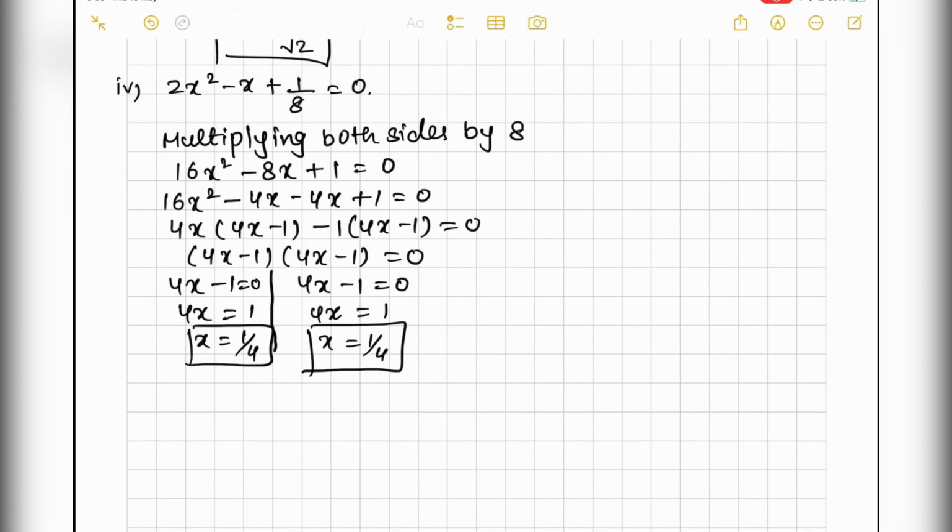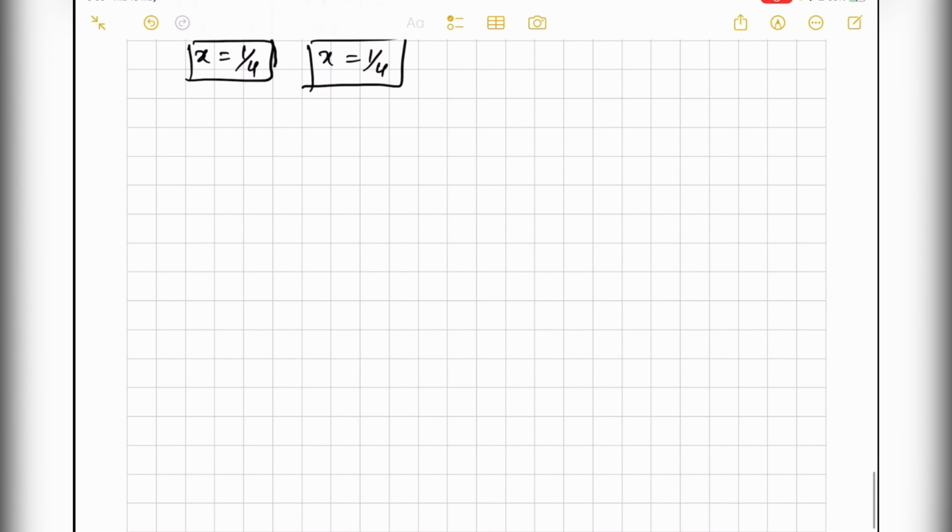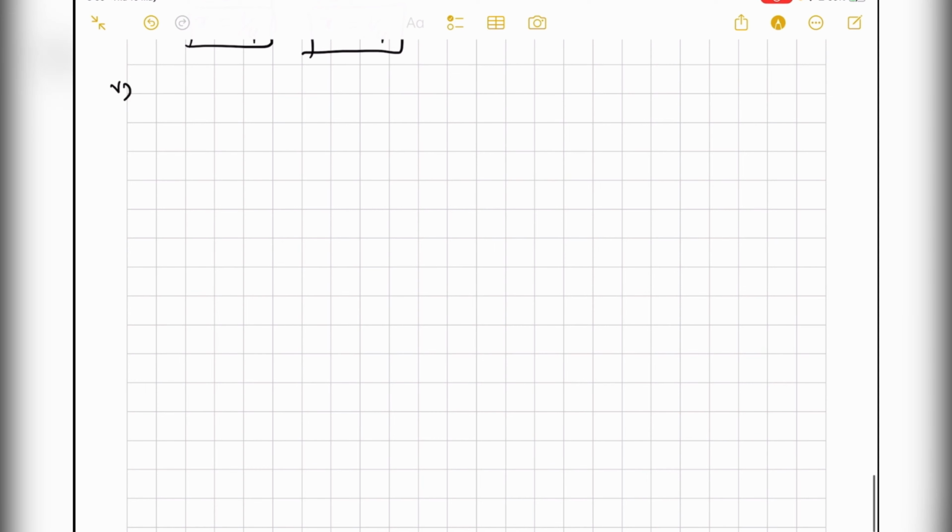Now coming to the fifth one, 100x square minus 20x plus 1 equal to 0. See, 100 ones are 100, and I need factors of 100 such that the sum is minus 20. So I can say 10 and 10. So 100x square minus 10x minus 10x plus 1 equal to 0.